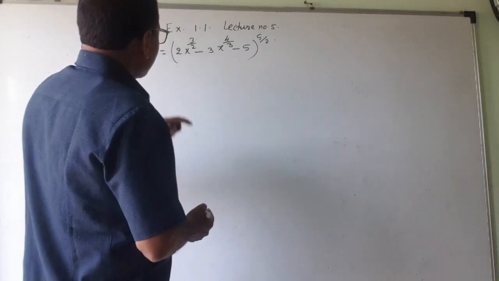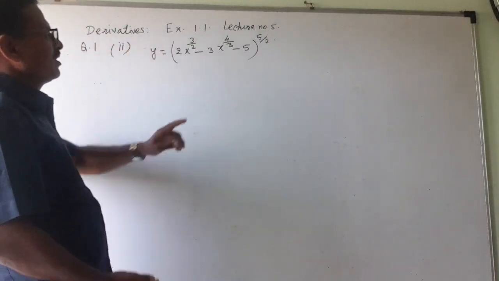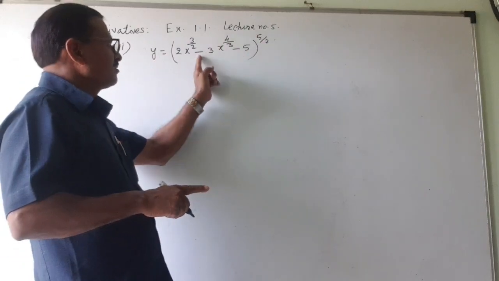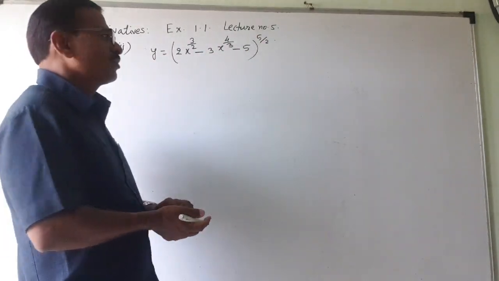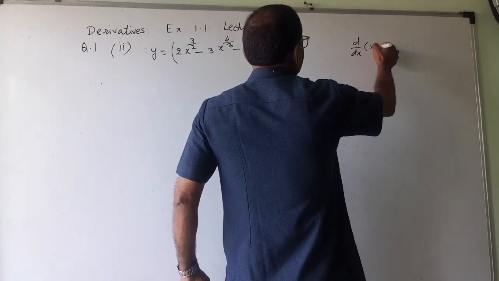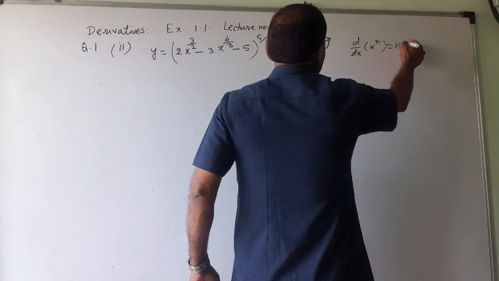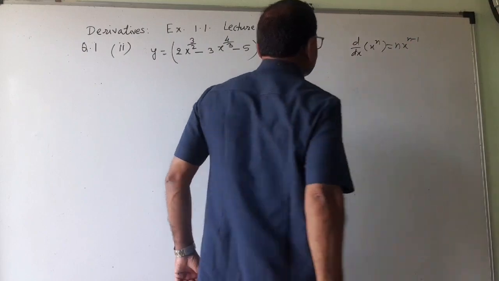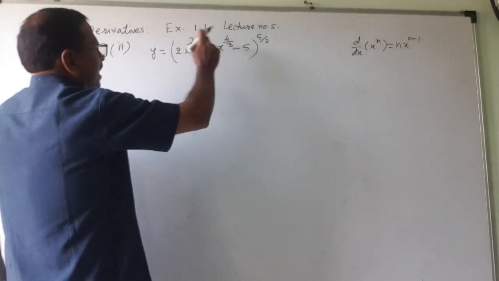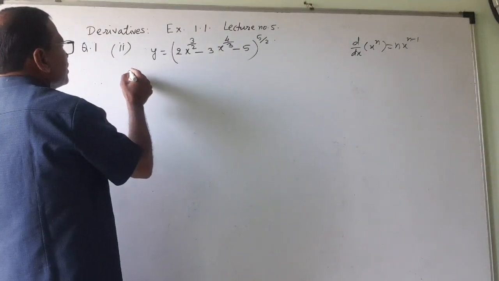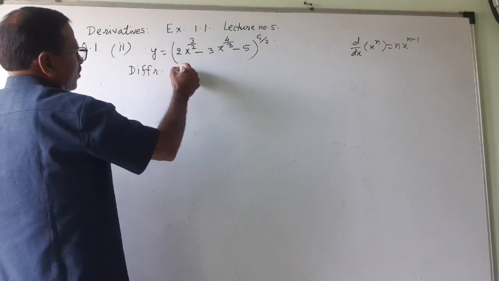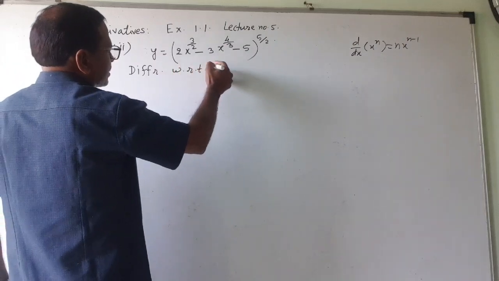That means if I am going to take the derivative, this power is the first function and then the individual functions. So d/dx of x^n is equal to n x^(n-1). So this is our n. This I will take here and subtract 1 from the index. Therefore here you have to write, differentiating with respect to x.